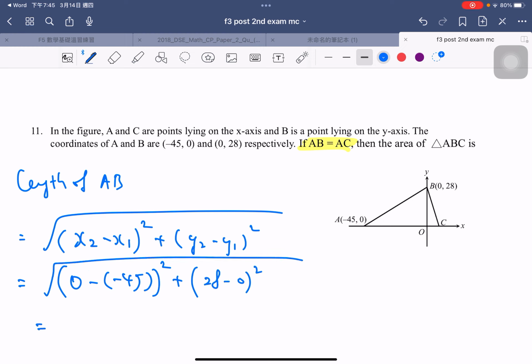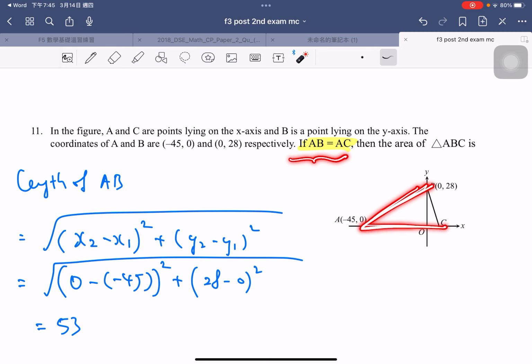So that is the square root of 45 squared plus 28 squared, giving you 53. So the length of AB is equal to 53, and as they're giving you AB equal to AC, the length of AC is equal to 53 as well.